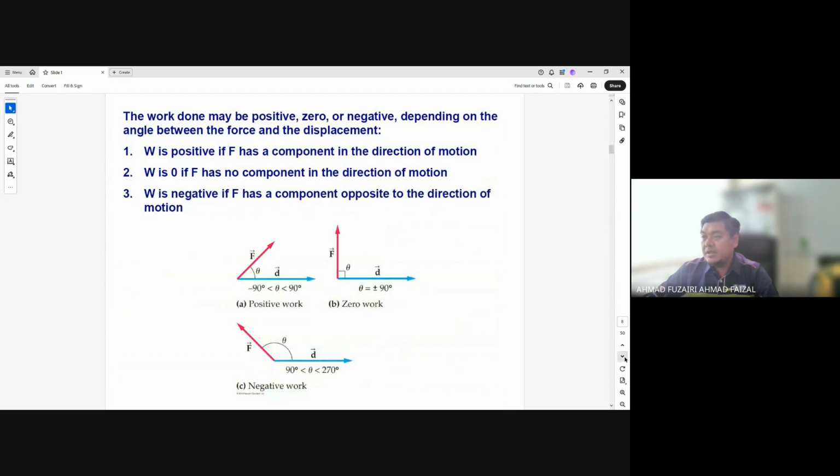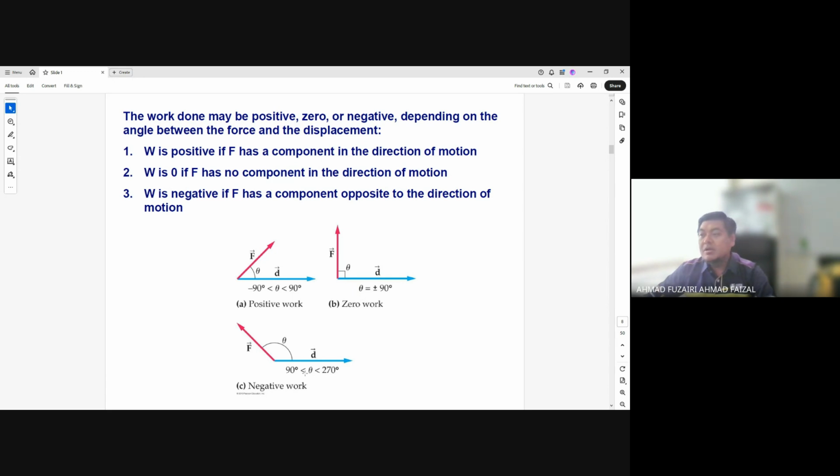You may see that these are positive work done, in quadrant 1. The work should be positive where the angle is between 90 and negative 90 degrees. That means the positive work is in quadrant 1 and quadrant 4. Comparing to zero work, it should be perpendicular. When the component of force is perpendicular to the displacement, the work is 0.